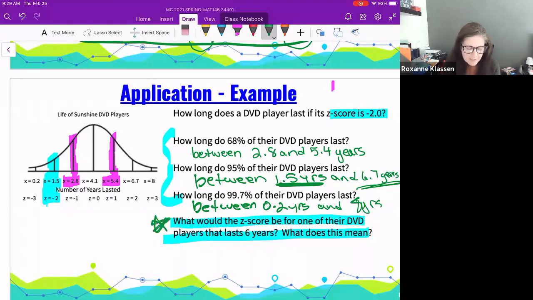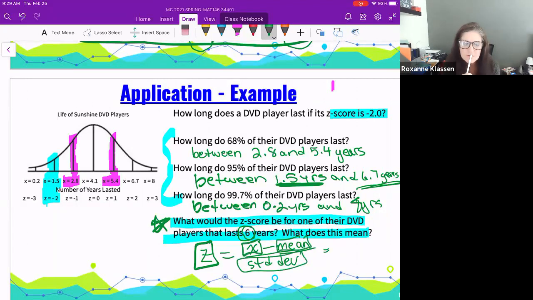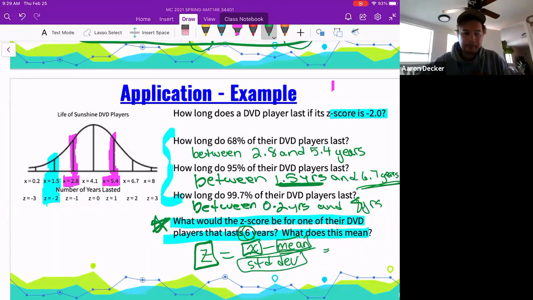Now, on this one, you might not have remembered the z-score formula. It was z equals x minus the mean divided by the standard deviation. So when it says a DVD player that lasts 6 years, what value is that? Is that our z? Is that our x? Is that our mean? Or is that our standard deviation? It's the x. Very nice.